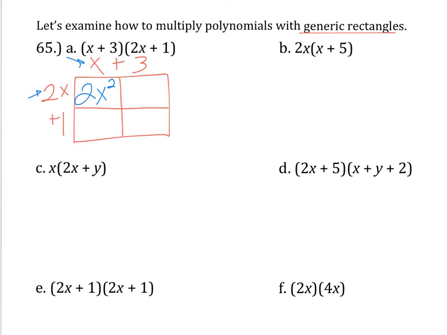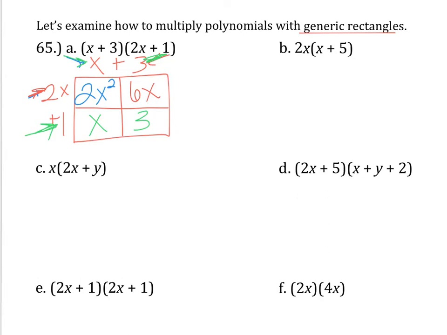We are then going to take 3 times our 2x and get 6x. We will continue to multiply, so we're going to take 1 times our x to get 1x, or just x, and then 3 times 1 to get 3.